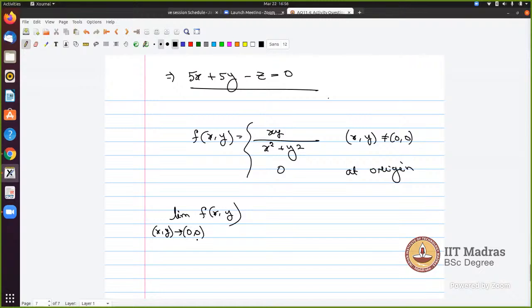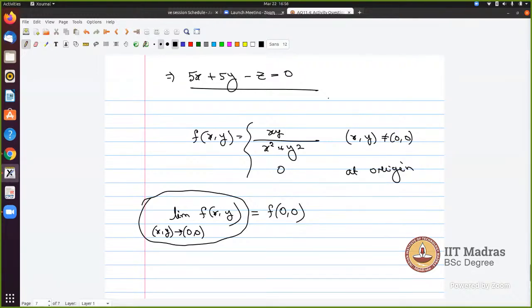When we approach this point, the limit should be equal to the functional value of the function at that point, right? If I take y equal to mx, in this case this limit does not exist at all, right? When we are approaching towards (0, 0), this limit does not exist, because if we take the path y equal to mx, for different m we will get a different limit, right? So the limit is not unique.